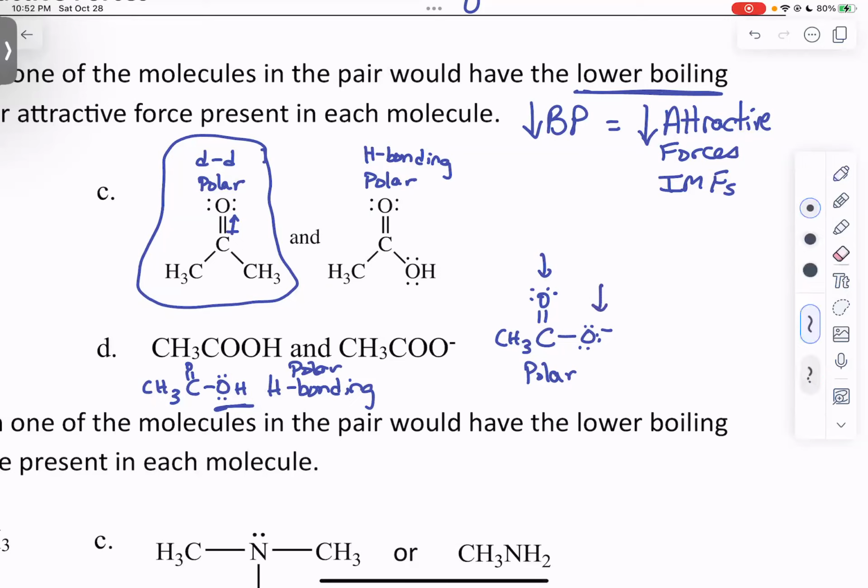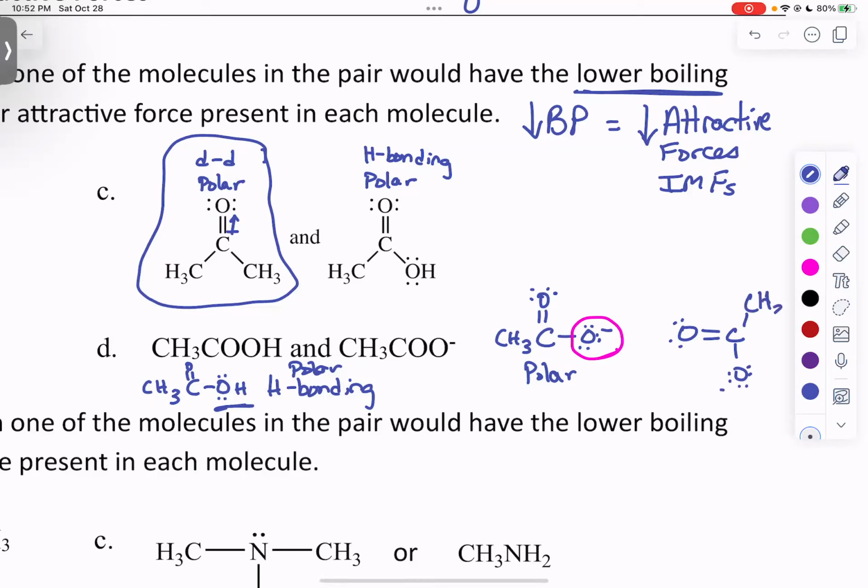So now we kind of need to look at, can it hydrogen bond? It doesn't have a donor, but what does it have? It has a negative charge over here. So if this negative charge on one molecule interacts with another molecule's carbonyl carbon, and then its oxygen and CH3, okay?